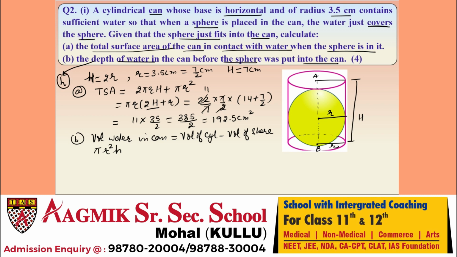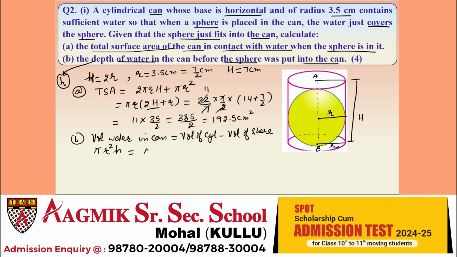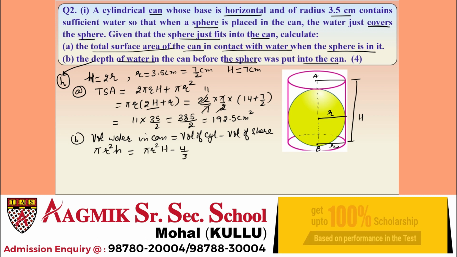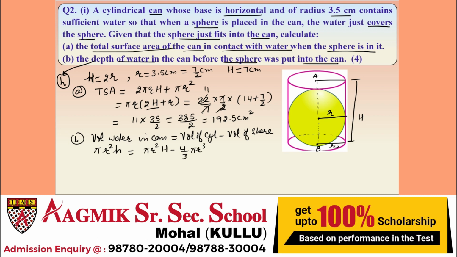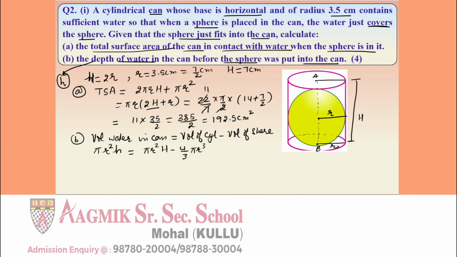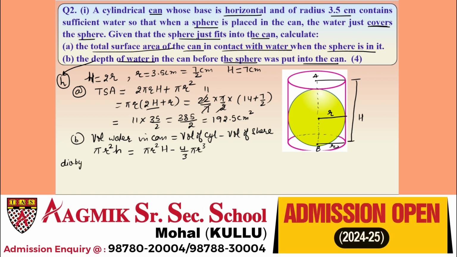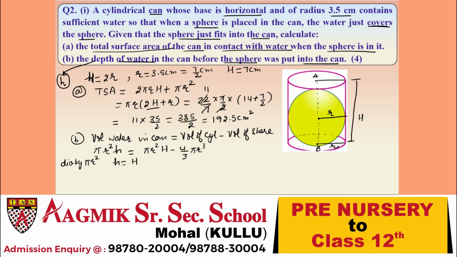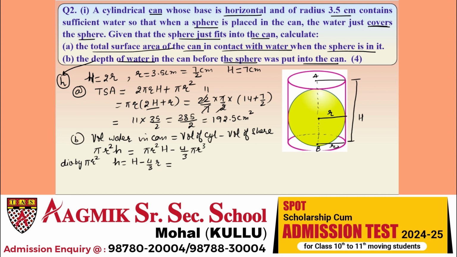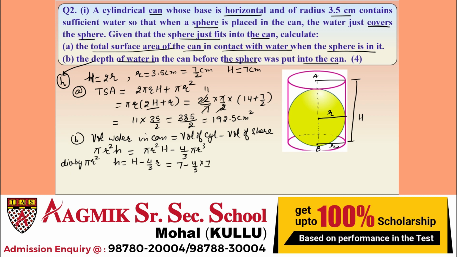This will be equal to volume of cylinder, which is pi r square capital H, minus volume of sphere, which is 4 by 3 pi r cube. Now you can see pi r square will get cancelled, so let us divide every term by pi r square. So we get h equal to capital H minus 4 by 3 times r. Capital H is 7, so 7 minus 4 by 3 times 7 by 2.